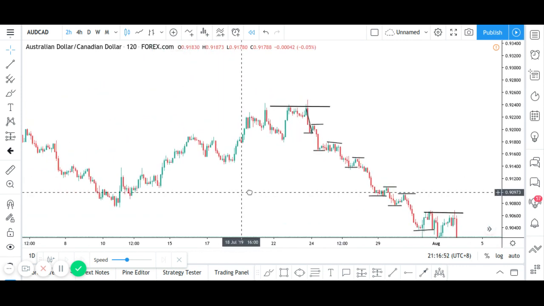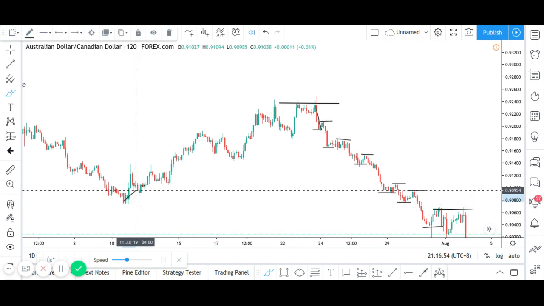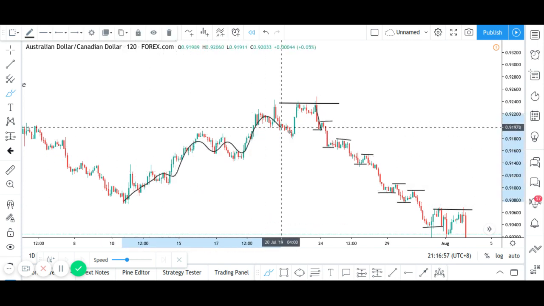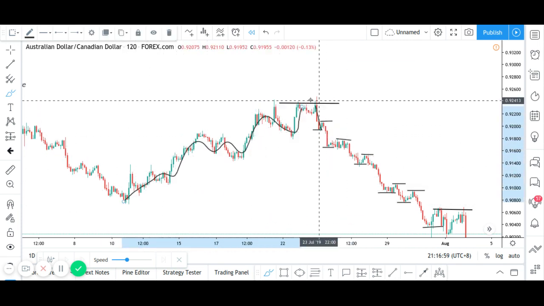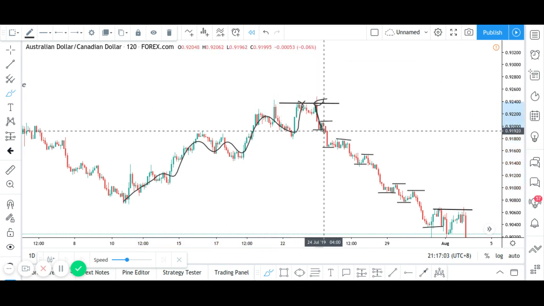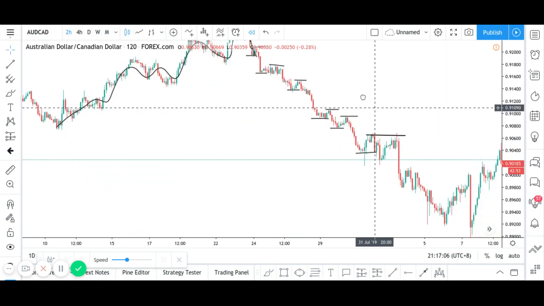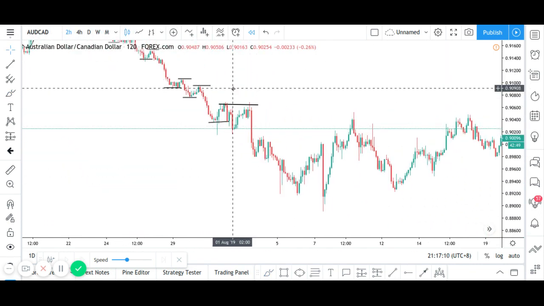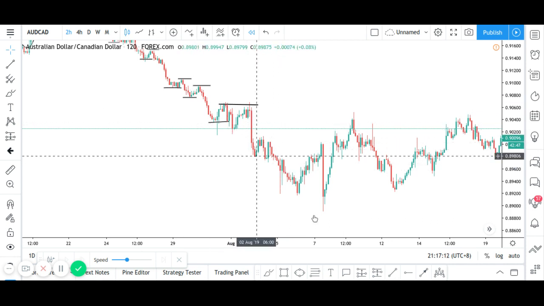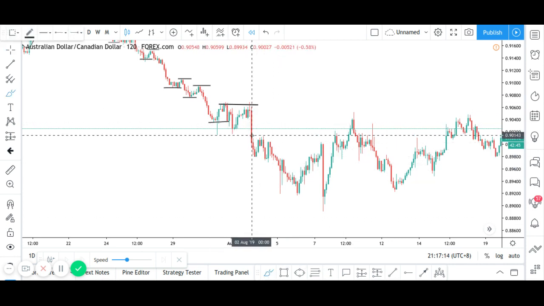It moved from a nice bullish move all the way up, it made a nice double top, and once it made the double top, it started its push to the downside and continued to the downside. If you follow this trend, it kept on printing lower highs and lower lows.